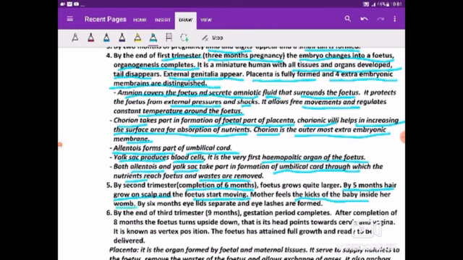Then by 6 months, that is by the end of the trimester, we see that the eyelids of the fetus separate and eyelashes also are formed. One more thing let me tell you: by the end of the second trimester itself, the baby has already developed the senses.